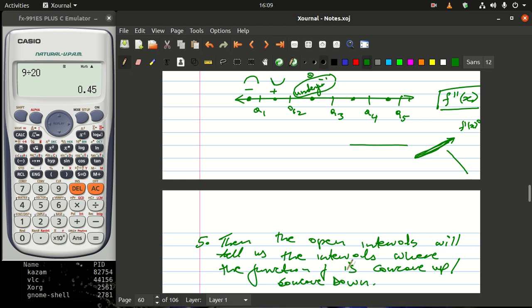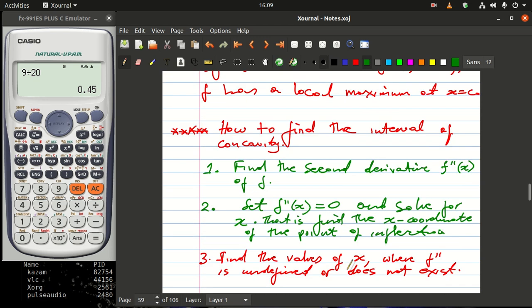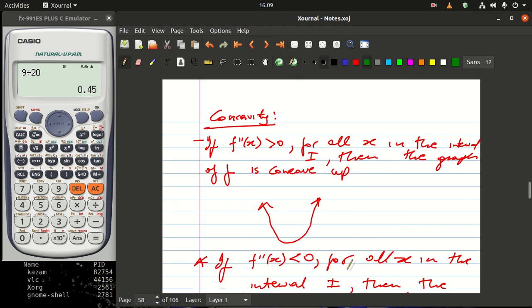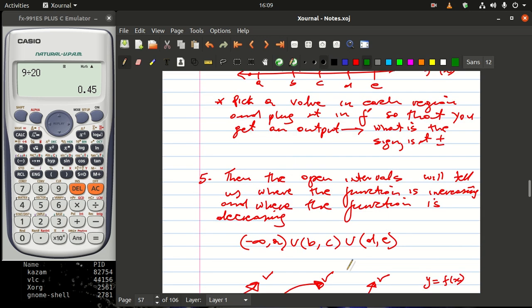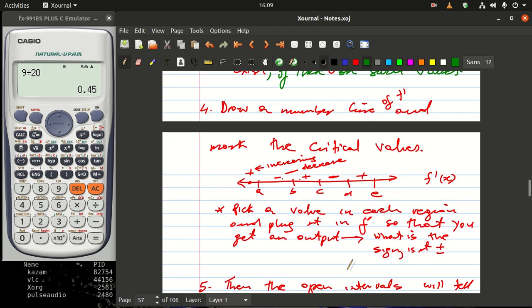So that is what is going to happen. The same thing here, the first derivative test that we're doing. If, let's say, you have a 0 throughout this interval, it means the function is constant throughout this interval.